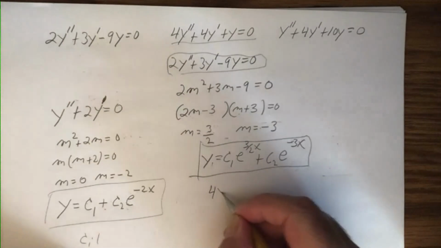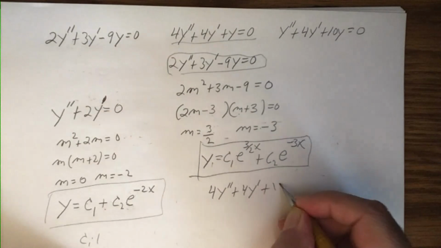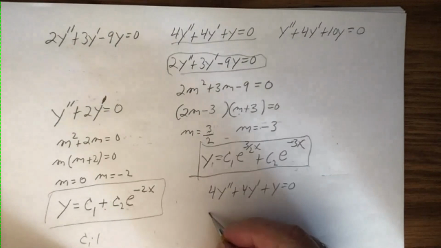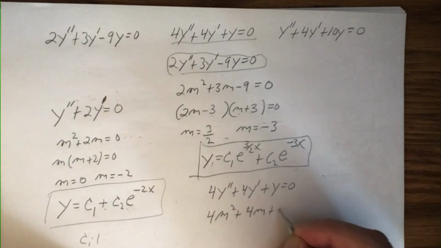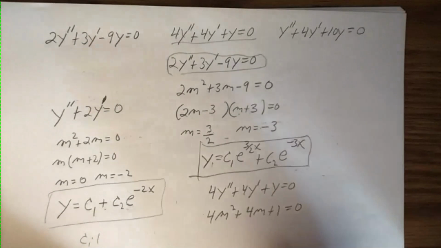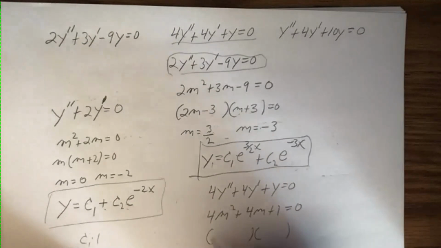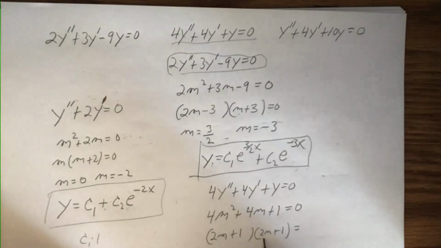So now we got 4. My auxiliary equation is this, and I can factor this into 2m plus 1 and 2m plus 1, right? This times this is this.